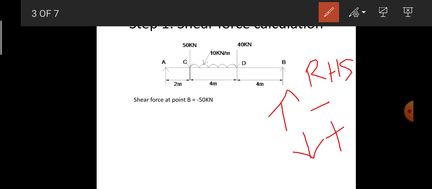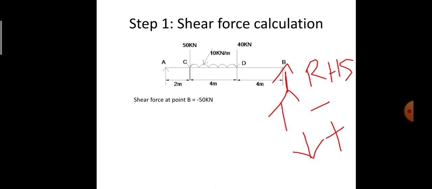But here the starting point is B itself, so we take the force acting at B itself, which is the reaction RB. This reaction is equal to 50 kilonewton, which we calculated in the previous slide by using the equilibrium condition. Since it is in upward direction, it is taken as minus 50 kilonewton.